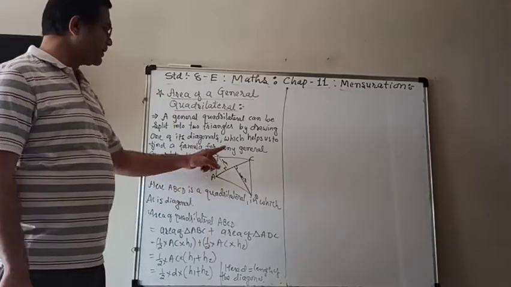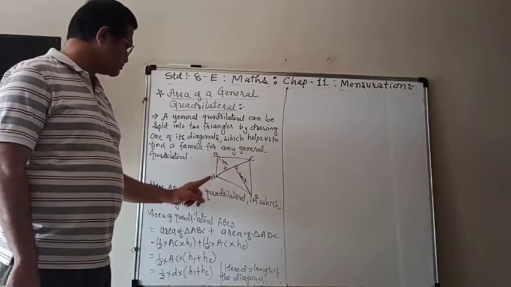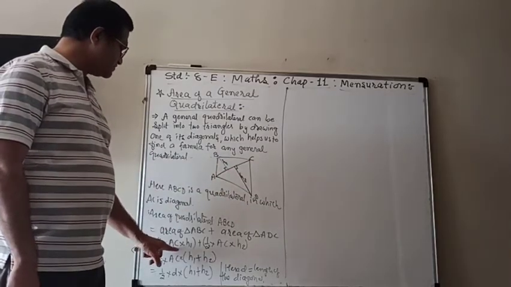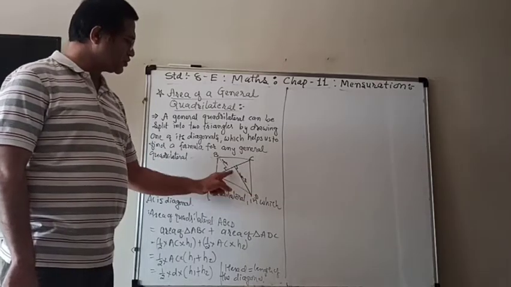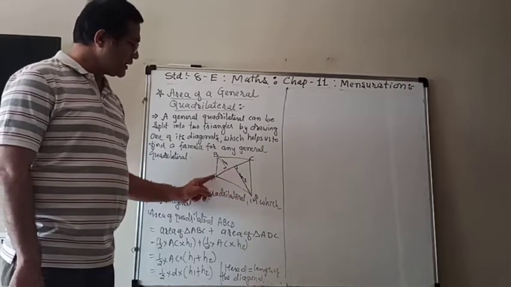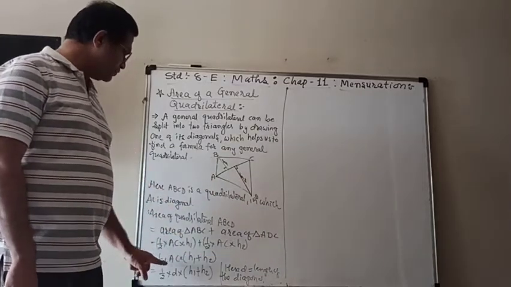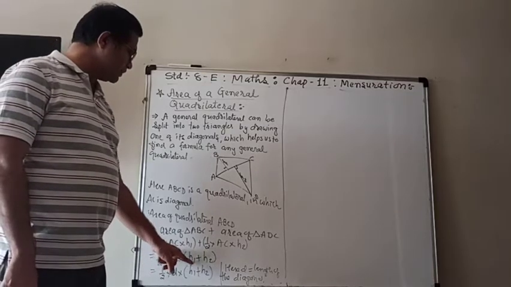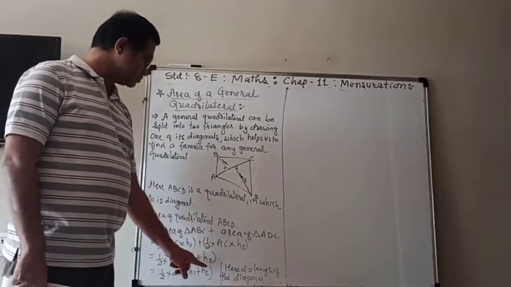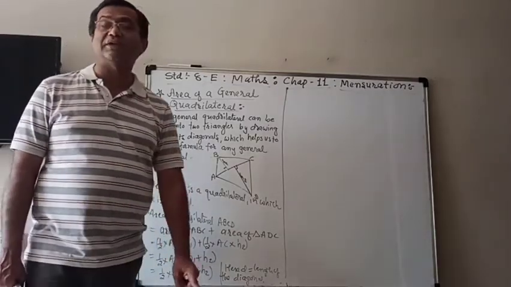So now area of triangle ABC is half into base AC into H1, plus similarly area of triangle ADC is equal to half into AC into H2. So now half into AC we can take out common, then what is remaining? H1 plus H2. So half into AC into bracket H1 plus H2.